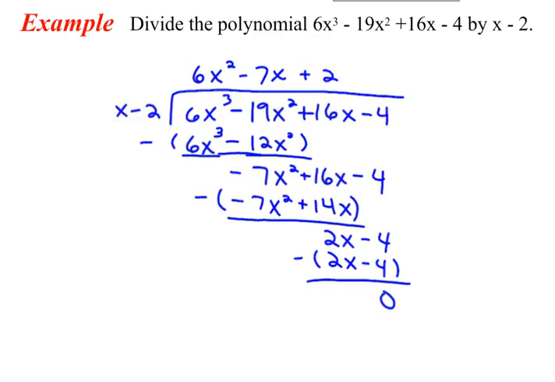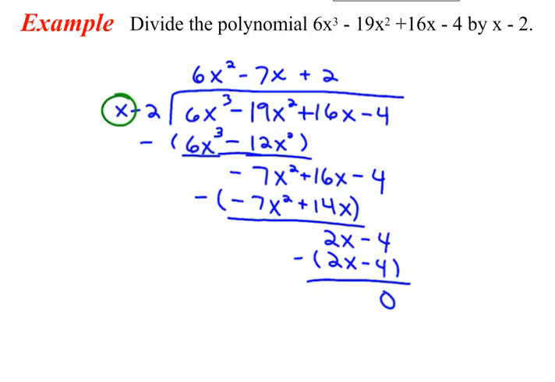Now, the way that we go about doing this is we take the first term here, x, and we ask, how many times does x go into 6x cubed, the first term? Well, so in other words, what times x gives us 6x cubed?